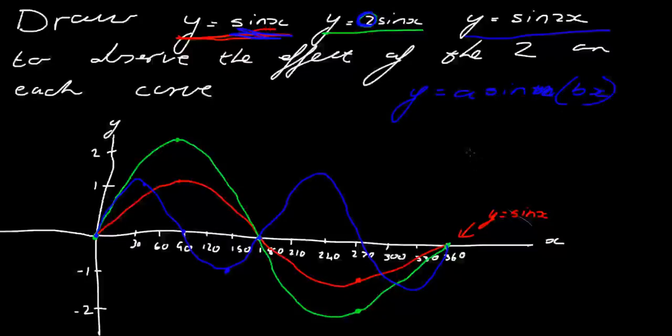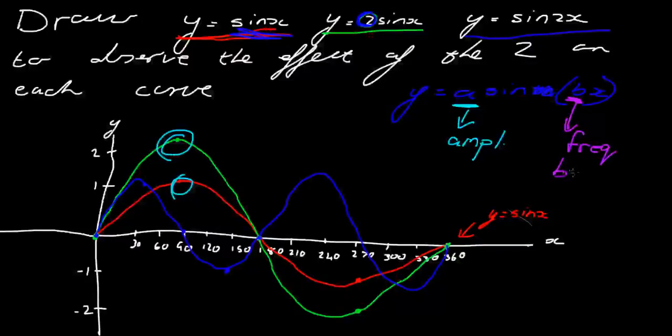So the a affects amplitude. Obviously the bigger the a, the higher the peaks are going to be. The smaller the a, the lower the peaks are going to be. And b affects frequency.